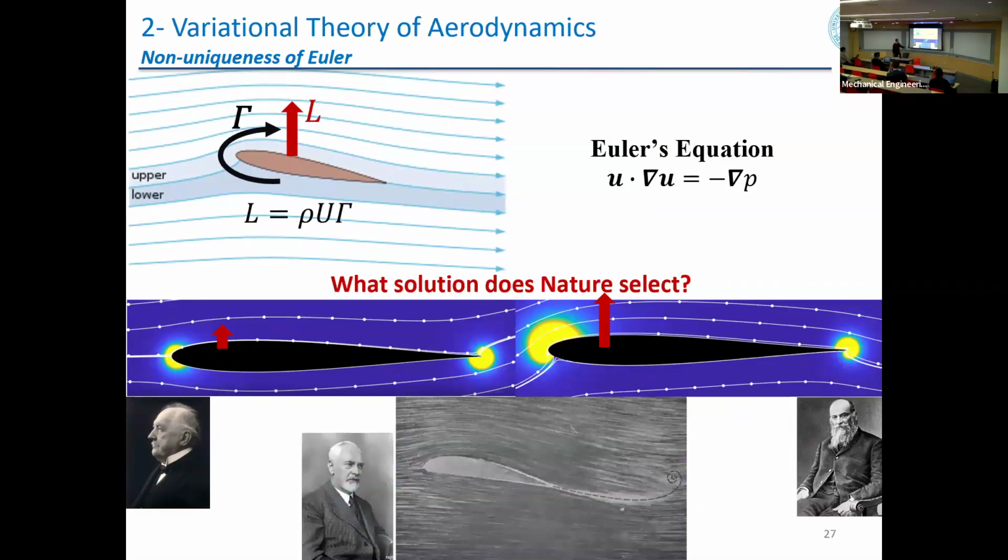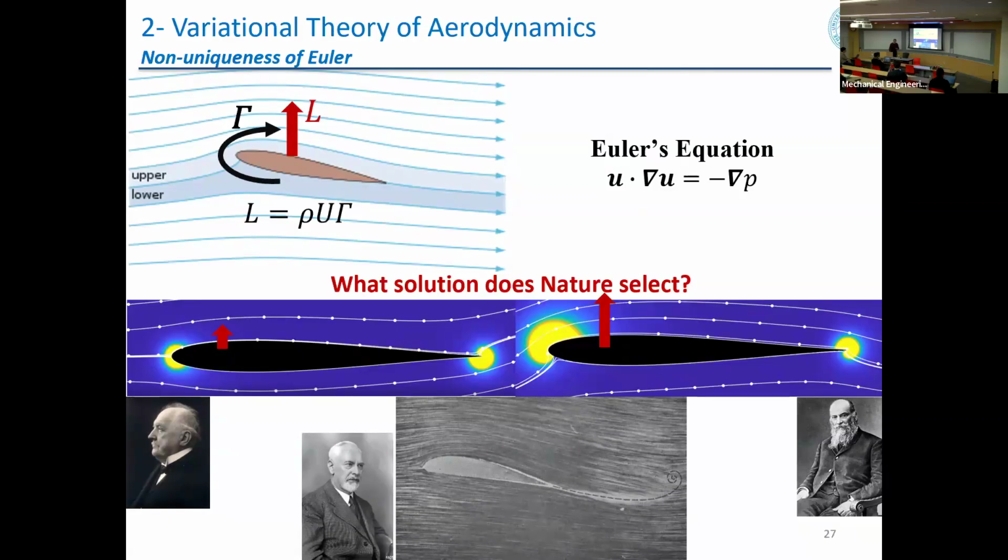And when they tested it, this is Prandtl's flow visualization, 1904, in a water channel. Indeed, this is what is happening in reality. The two flows come smoothly together at the sharp edge in the steady state. So this is the Kutta condition. This is the theory that we teach to our undergrads. This is how we compute lift. And this is how every single textbook in aerodynamics discusses lift computation.